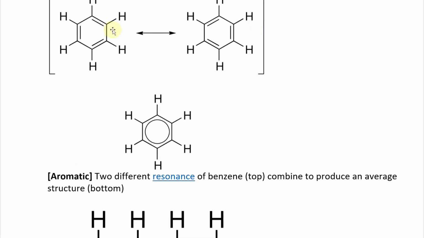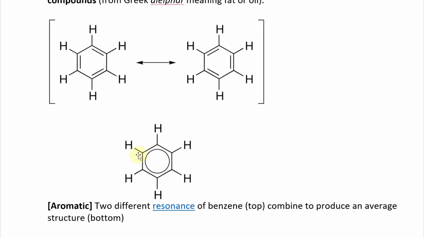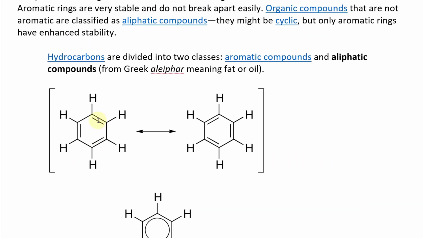You have it in different forms. If it gets shifted over and you have a different setup of the electrons, it will just exist in the other setup, so you can find these alternating, similar patterns in a hybrid right here. So two different resonance structures of benzene combine to produce an average structure. It's fascinating stuff.